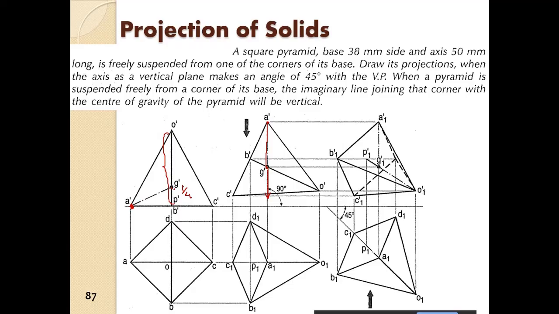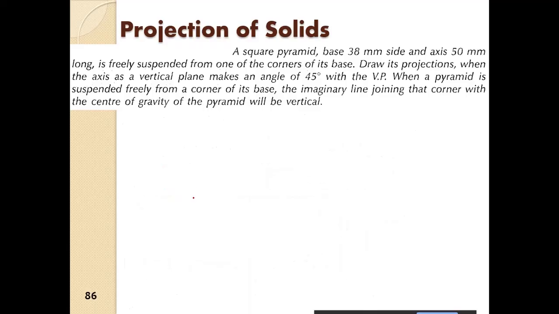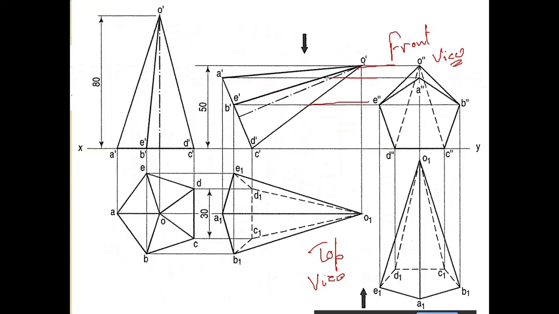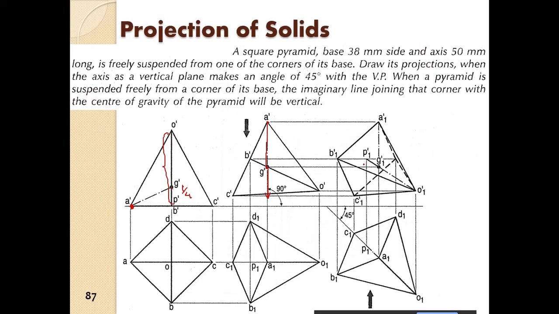When we rotate that, as in the earlier case where it was given that it is 50 mm above the HP and the apex points towards the VP, we have to make sure that the line A dash G dash is vertical.